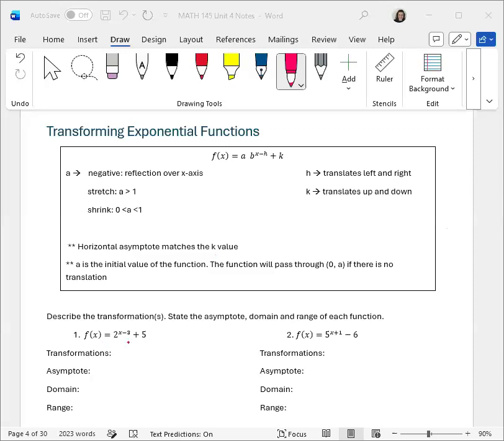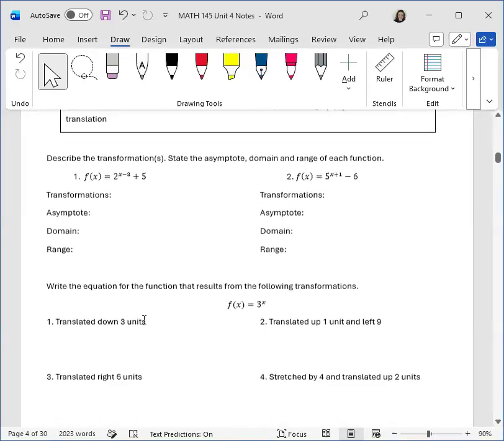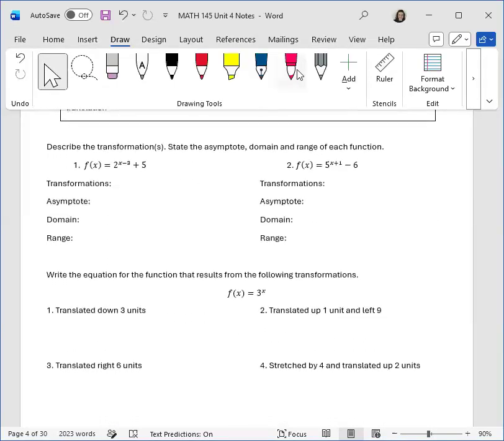Our first example, we have f of x is equal to 2 to the x minus 3 plus 5. So thinking about this function and identifying the transformations that are going to occur, the 2 to the x power would be the base function, the parent function, if you will.